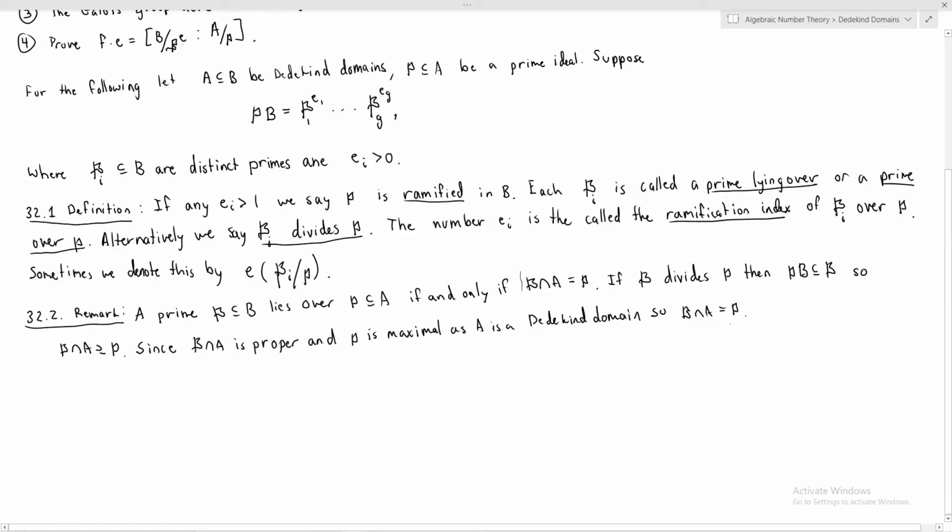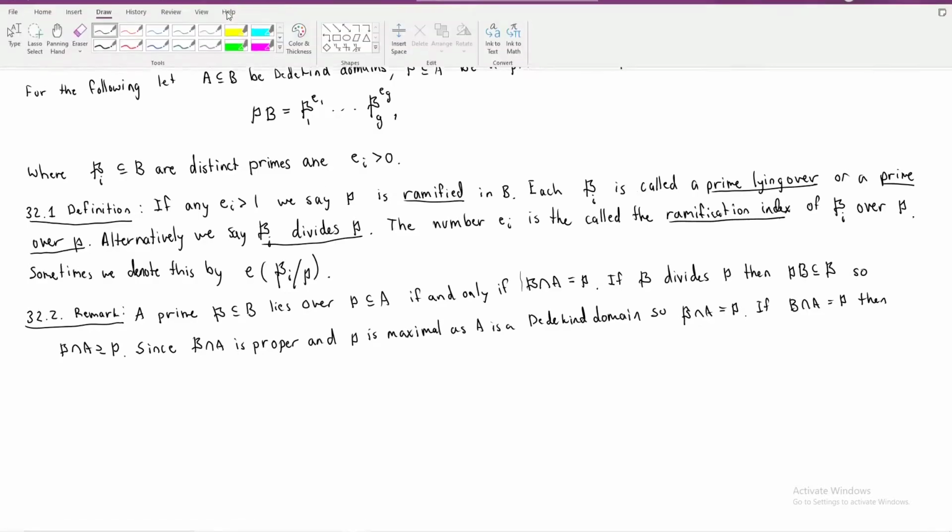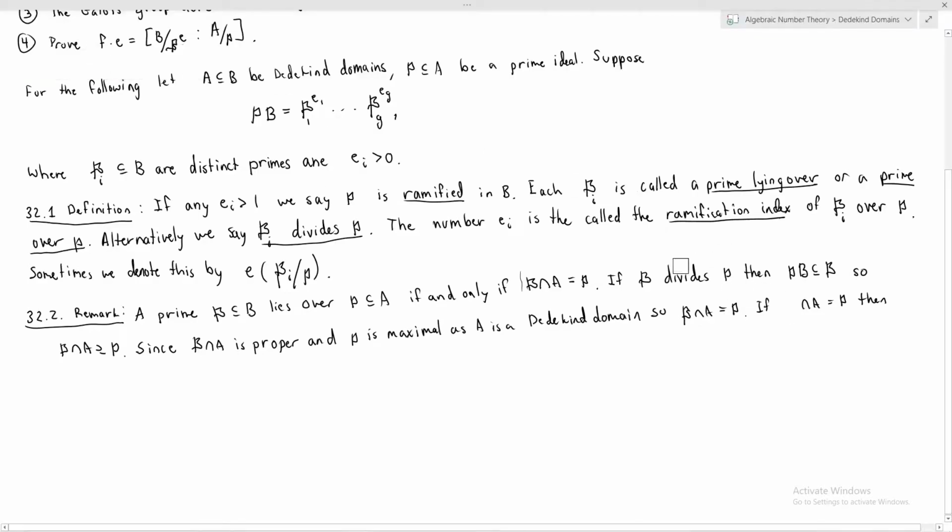And then the other way around follows from the previous proposition we proved last time about containment being equivalent to division. So if B intersect A equals P, and this should not be B, C. These P's look too close to B's. Okay.